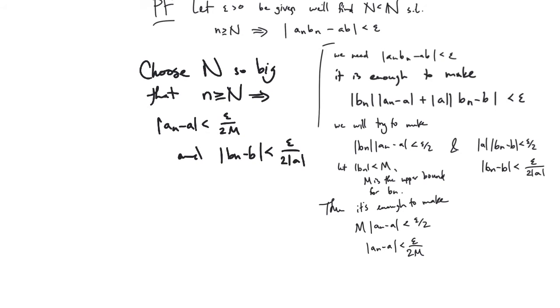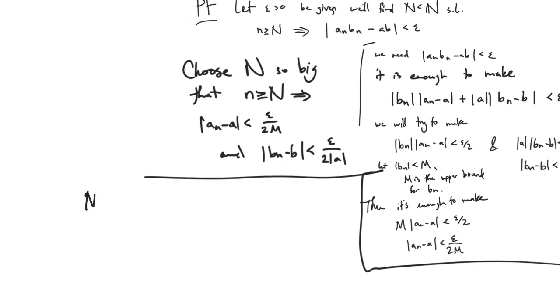Right? Because the an's converge to a and the bn's converge to b, we can choose the N to make those things smaller than whatever you want. And so I'm making them smaller than epsilon over 2 big M and epsilon over 2|a|. All right. That was the choice at the end. Can we make the rest of the proof work out? Let's see.